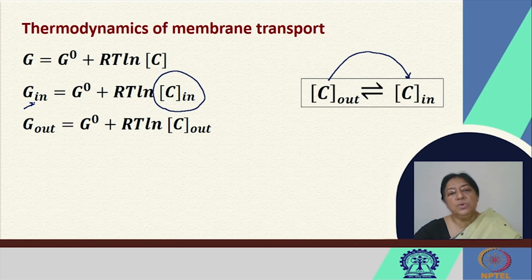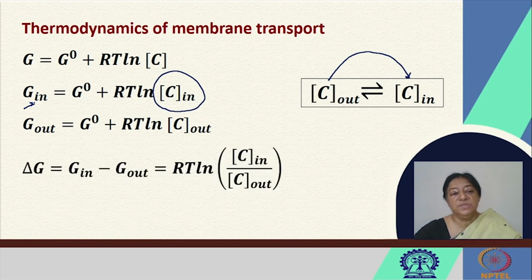If we now want to look at the delta G of this transport, we will have G in minus G out, because we are going from outside to inside, which means that the final process is the transport of the ion of a concentration C, so C out to C in.